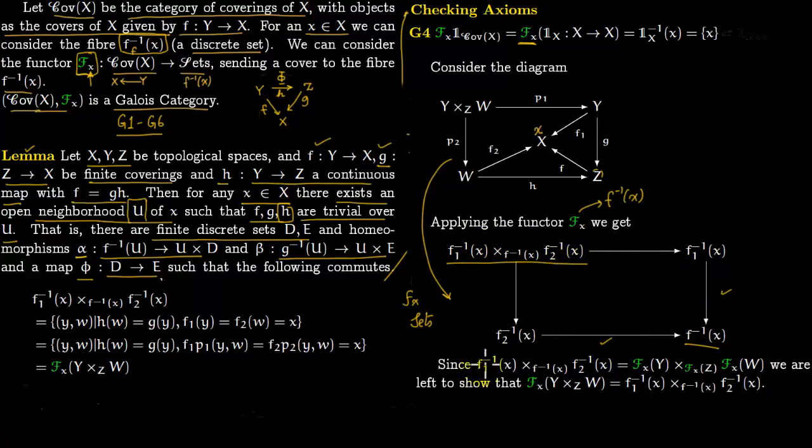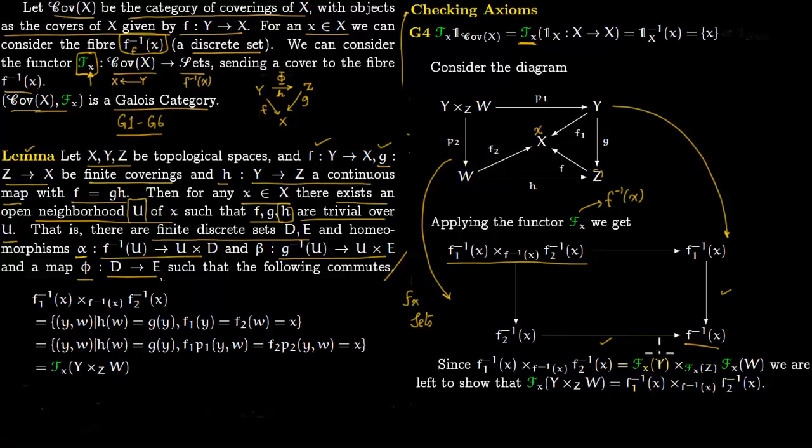So now this fiber product, in terms of applying the functor, because this inverse is what the functor is, this is F_x(y), precisely because this f1 inverse of x corresponds to this here, and then this f inverse of x corresponds to z. As you can see here, f inverse of x comes right here because f is here, and then F_x(w) corresponds to f2 inverse of x because this comes right from here.